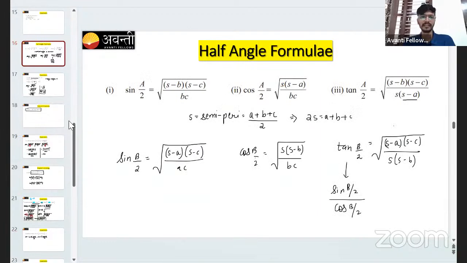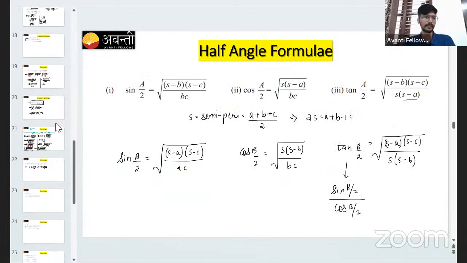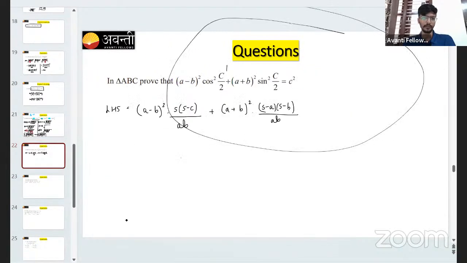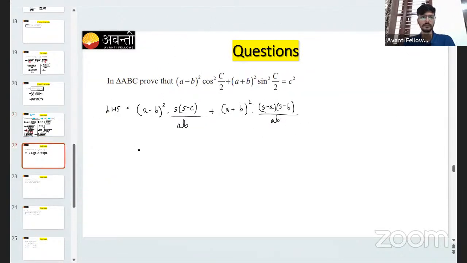S minus b, right? Righty, I guess. Yeah. So let's start. This was LHS. So if you can see, the denominator is ab, so ab is the common denominator. Is there anything more? No?